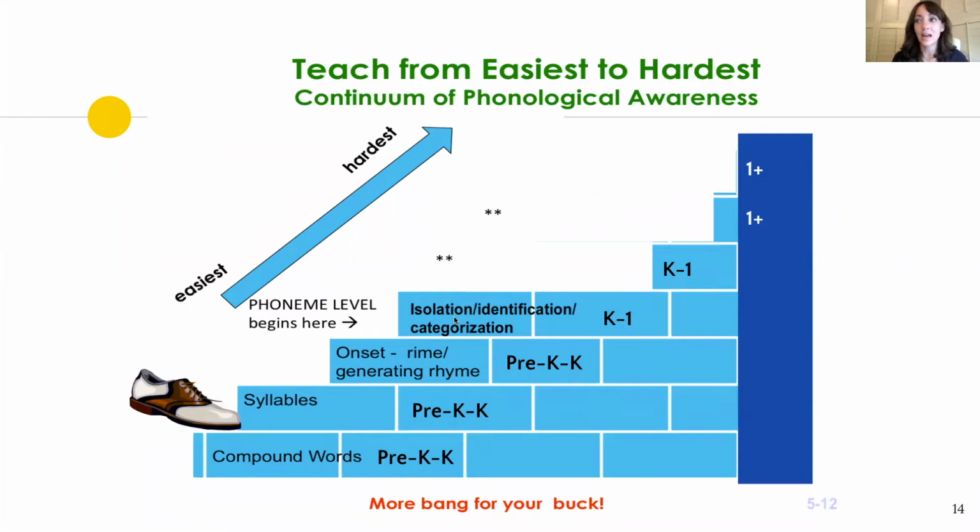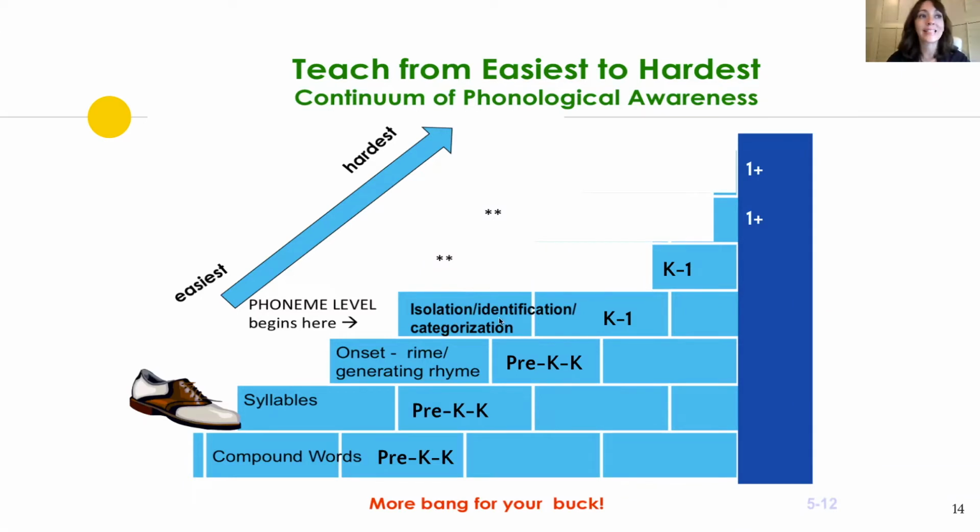So when we get into that individual sound level, the easiest thing to do is isolate the beginning sound. And you could just take a basket of toys or something like that, and they're sorting them by sound. You can make it a little bit easier, and maybe if you're practicing two different sounds, have them sort all the things that start with b and all the things that start with p, to make it a little bit easier before you just have a bunch of random objects with every different sound.